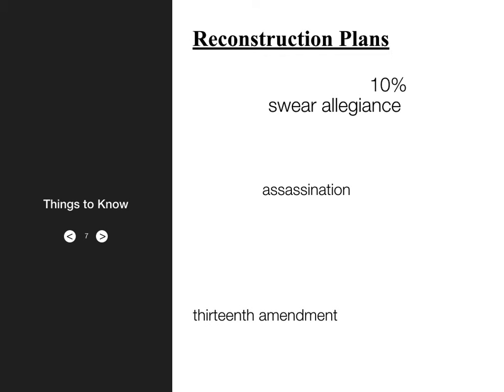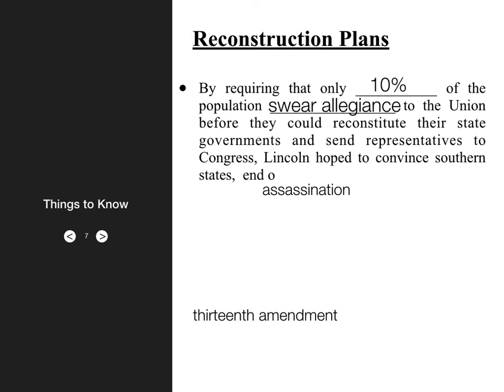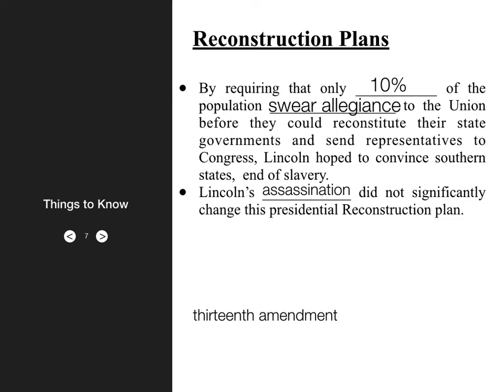Reconstruction plans. By requiring that only 10% of the population swear allegiance to the Union before they could reconstitute their state governments and send representatives to Congress, Lincoln hoped to convince Southern states to end slavery. Lincoln's assassination did not significantly change this presidential Reconstruction plan.